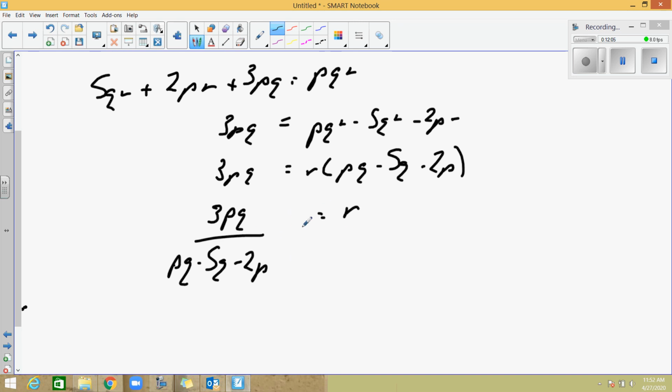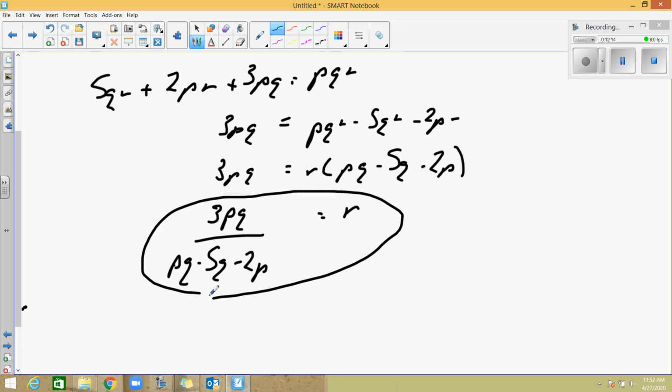Could there be a simpler or a different form than that? Absolutely. But at this point in time, all I need to do is get r by itself, everything else away. So there is my answer. Here again, we're just making sure that the math works and that you understand the rules. If you have any problems, go ahead and give me a call.